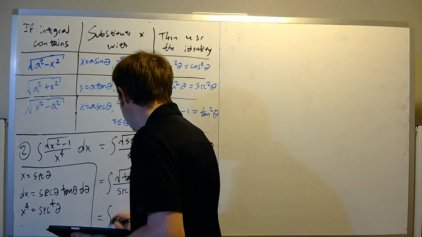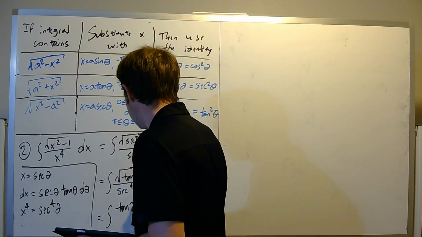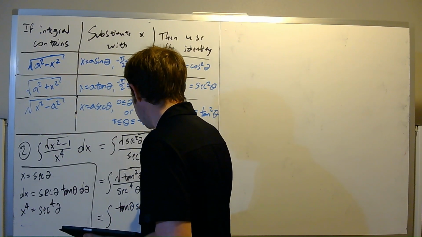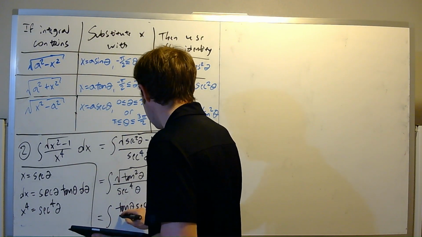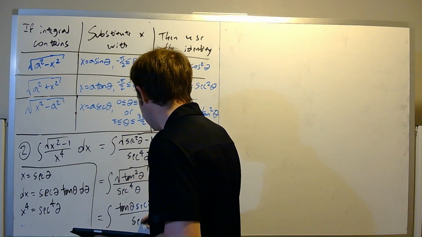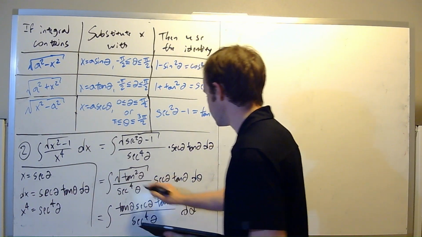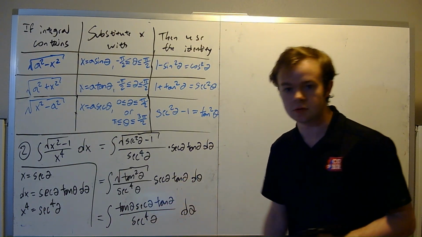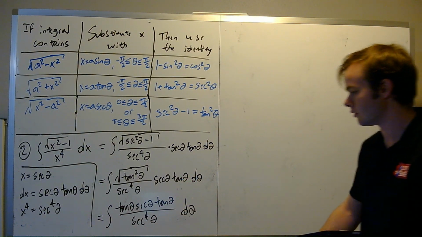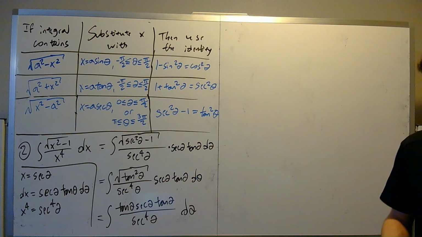So we've got the integral of tangent theta times secant theta times tangent theta over secant to the 4th of theta d theta, right? So I took the square root, that's tangent theta. I brought this stuff into the numerator, and then that's d theta. Okay. Now we can cancel out one of the copies of secant.